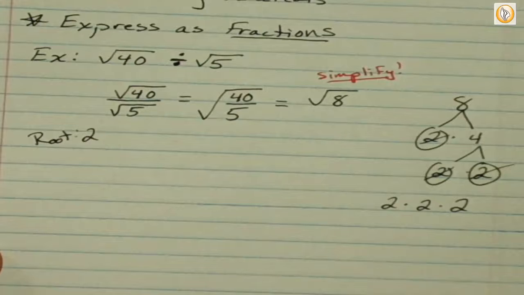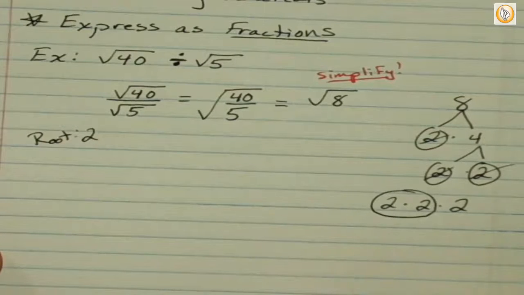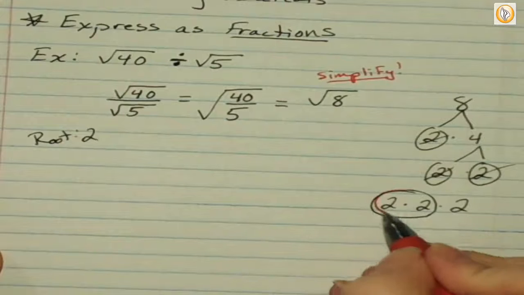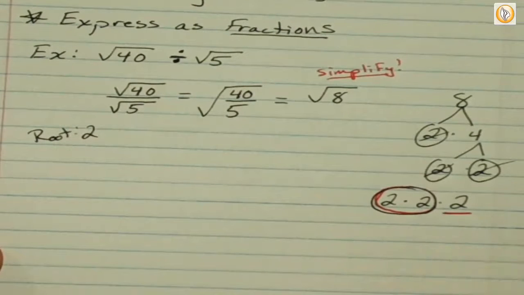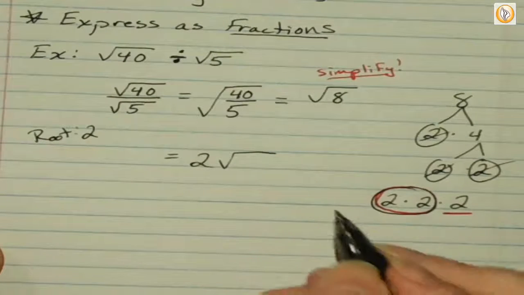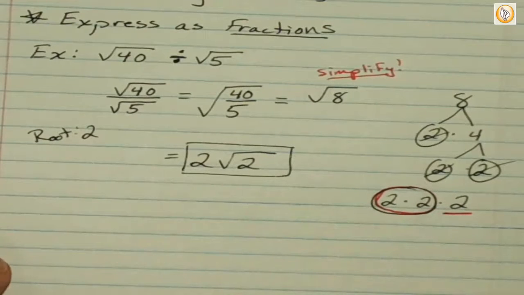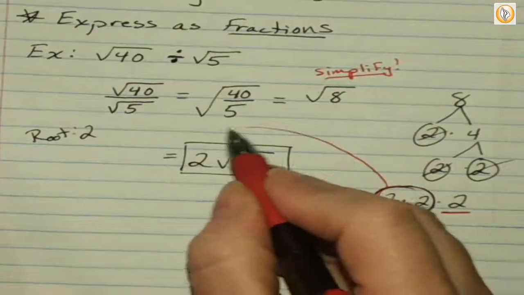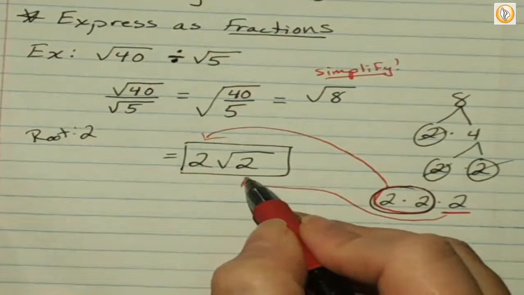So how many pairs am I looking for? 2. I can circle that pair, and then I have this left over. What goes on the outside? 2. What goes on the inside? 2. And there's your answer. That pair goes on the outside, and what's left over goes on the inside.